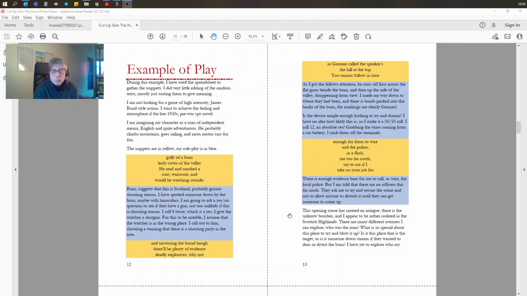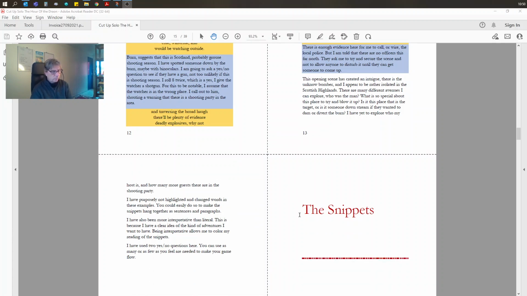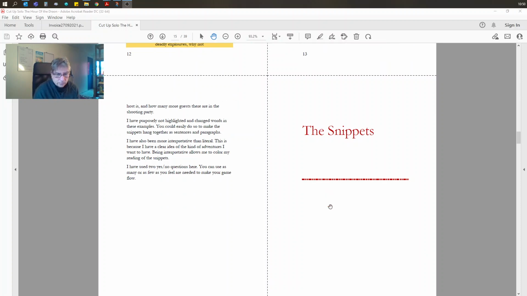So that's how I'm treating this cut up book, and all my cut up play at the moment. I've thoroughly enjoyed it, so that's the way I'm going.